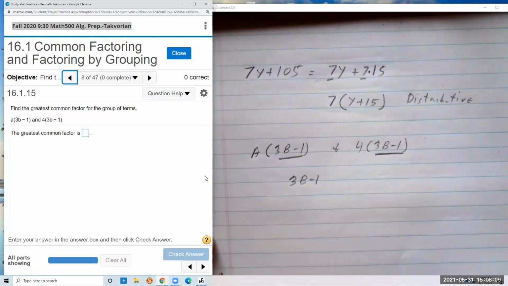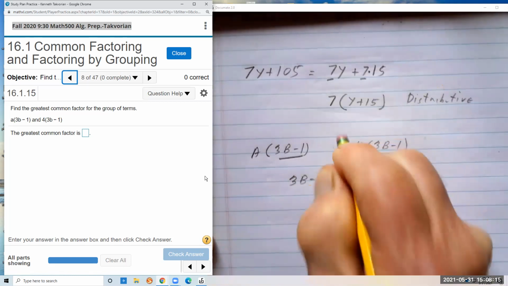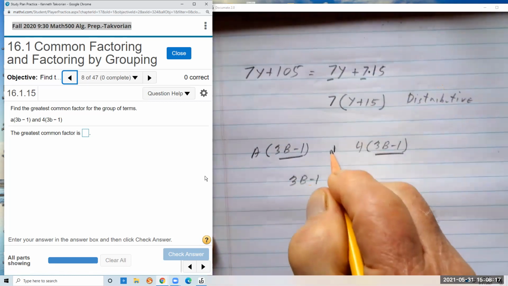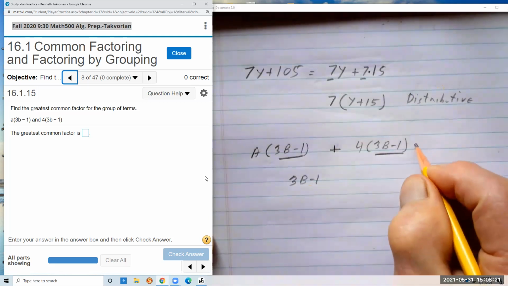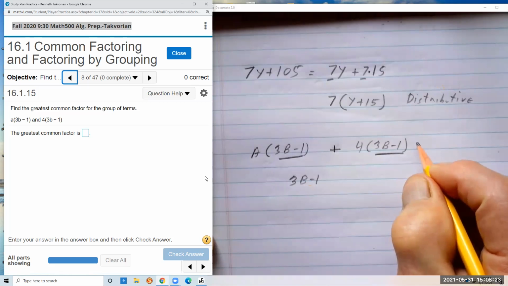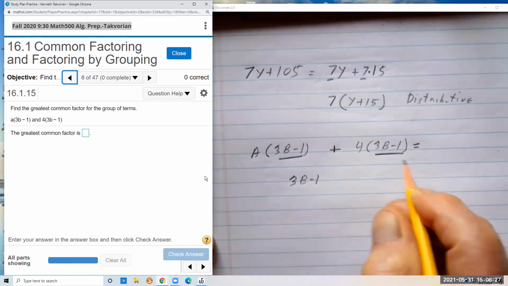A variation of this question says, if we have the sum of these two quantities, factor out the greatest common factor, but express it equivalent to the sum.